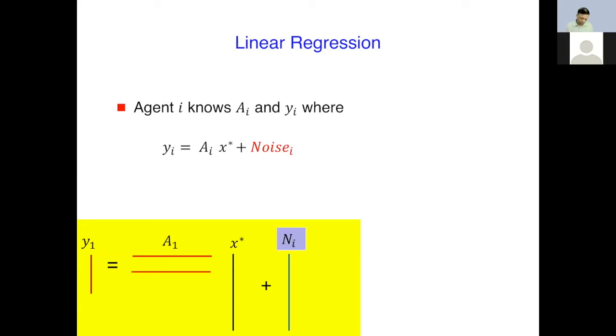Given Y and A, so agent i knows Y_i and A_i, but the agents collectively know Y and A entirely. Some of the agents will be faulty. Noise is unknown, but given Y and A, we want to compute X star. Because the data is noisy, maybe we cannot compute X star exactly, but we want to estimate X star approximately.